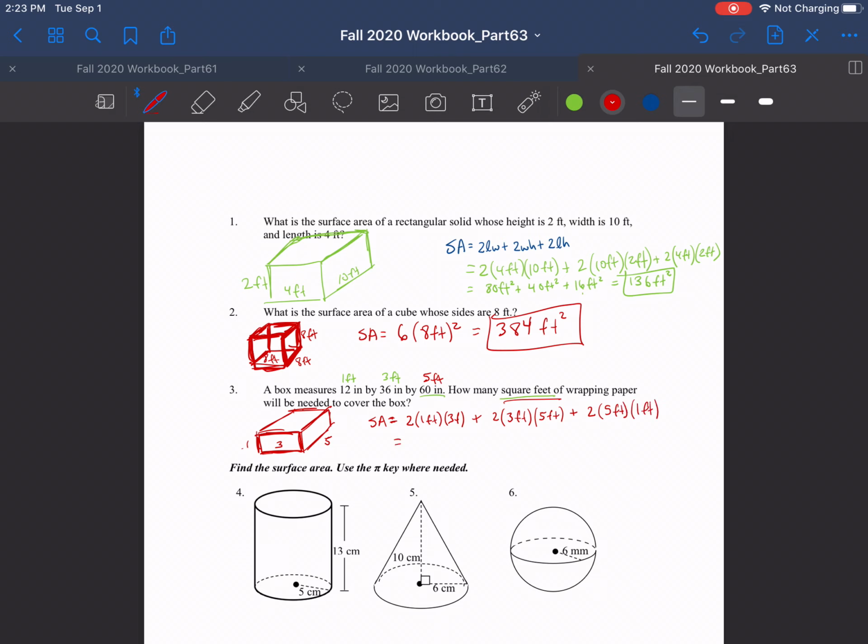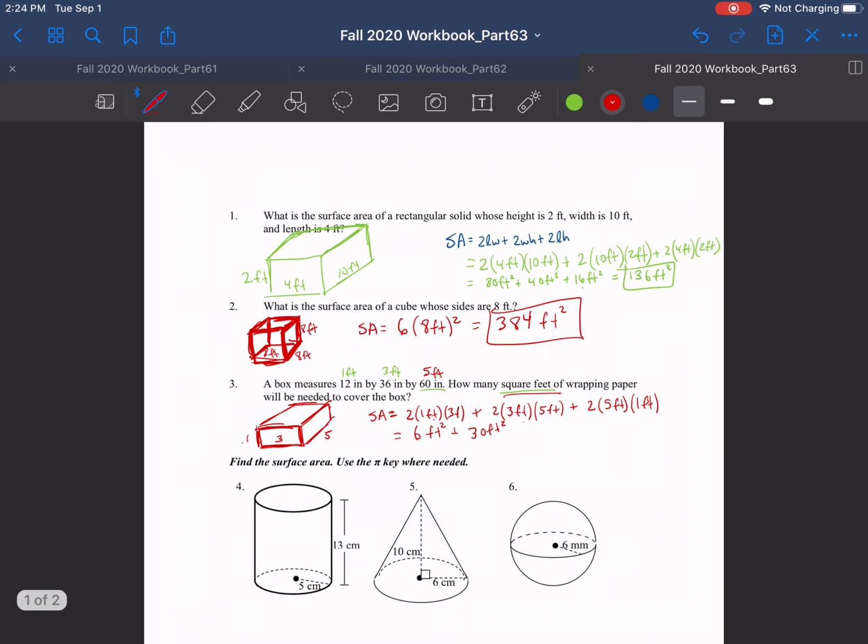And we go through and do this. This is 2 times 1 times 3. That's 6 in feet squared, because it's a foot times a foot. Plus 2 times 3 is 6. 6 times 5 is 30 feet, and again squared, because a foot times a foot. And then here we have 2 times 5 times 1, which is just 10. And again, a foot times a foot gives us a foot squared.